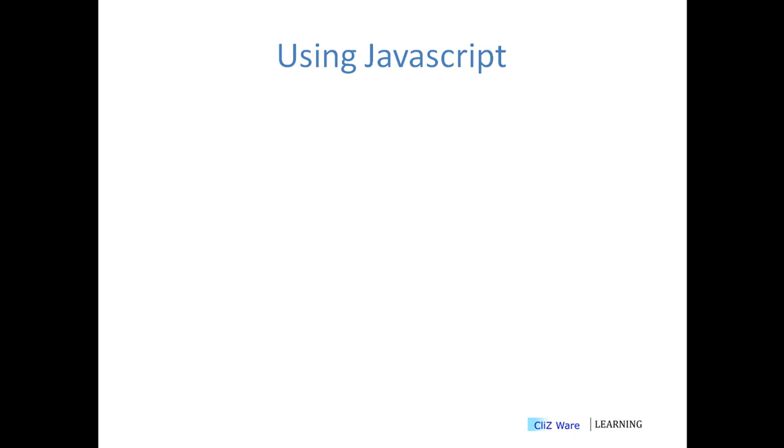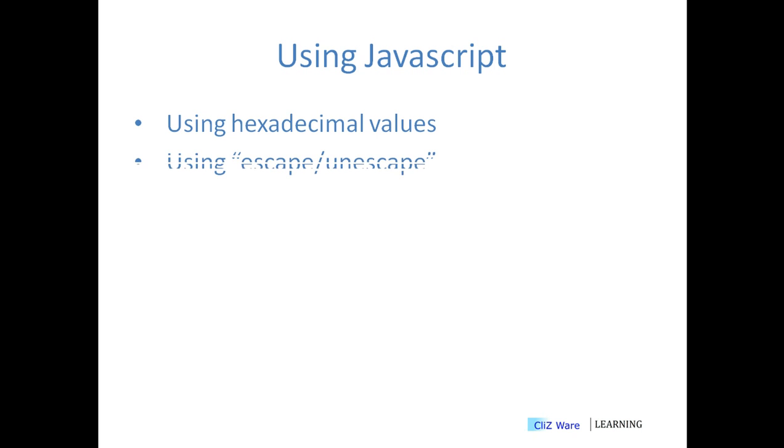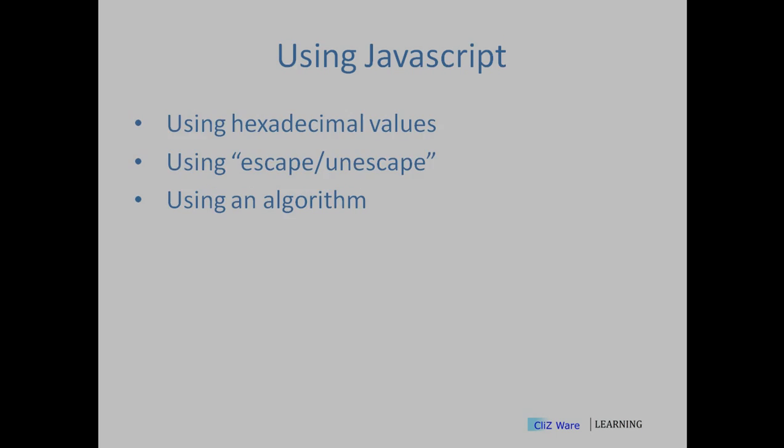But now let's look at JavaScript, and I think this is a more common way of encrypting websites, therefore I'm going to focus more on that. And the first thing we're going to look at is hexadecimal values, and it's the first of three ways of solving this task using JavaScript.